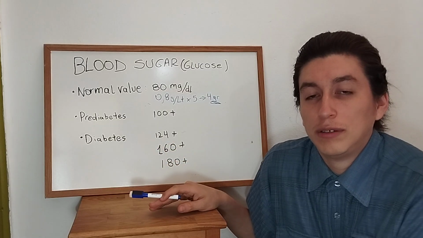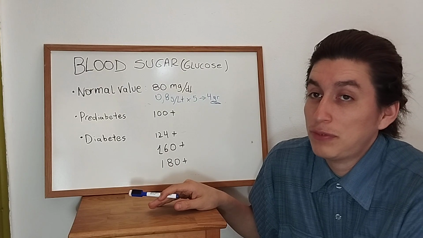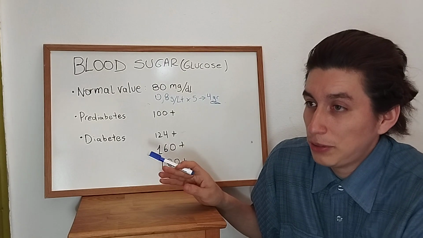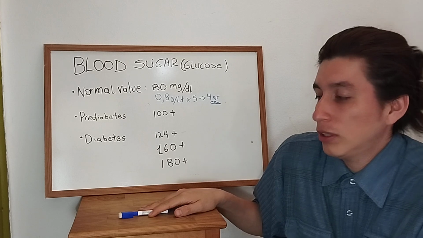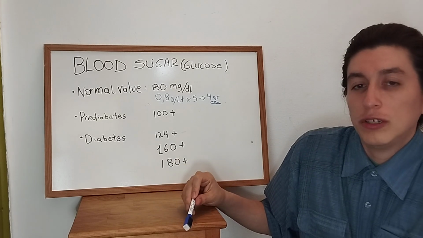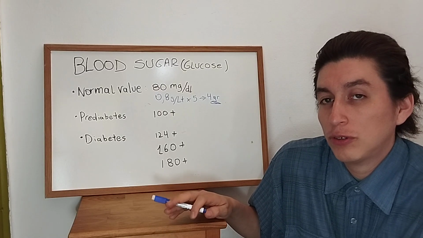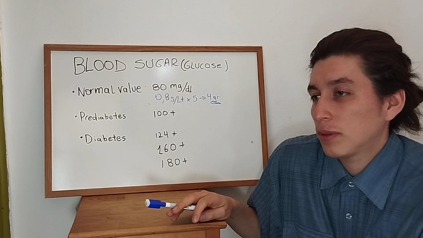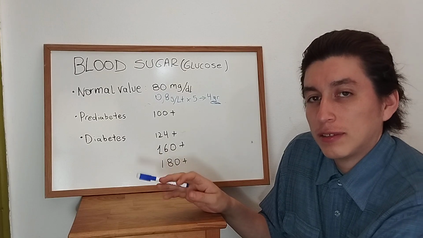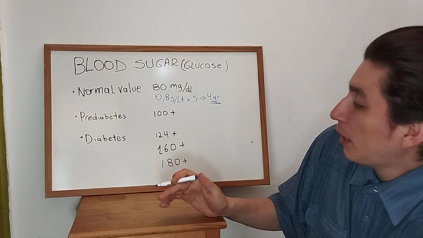It can go above 140, it can go above 150, 160, even 200. So I will give you an explanation of some little things that happen that are very important when a person is reaching these levels.